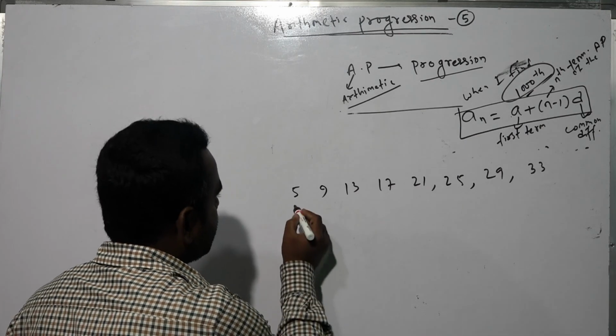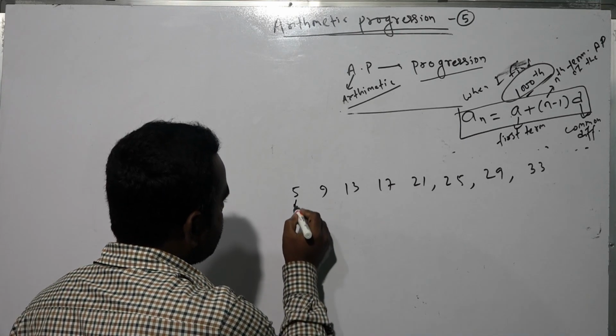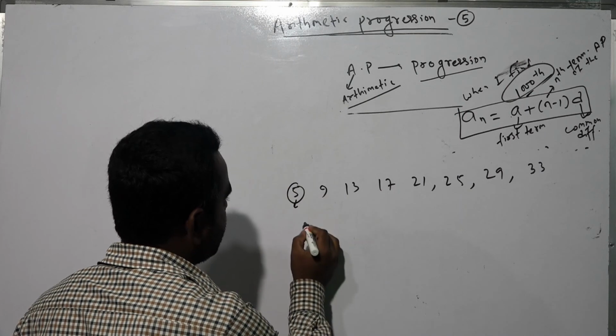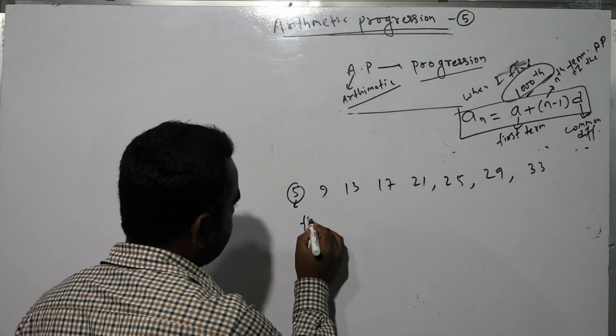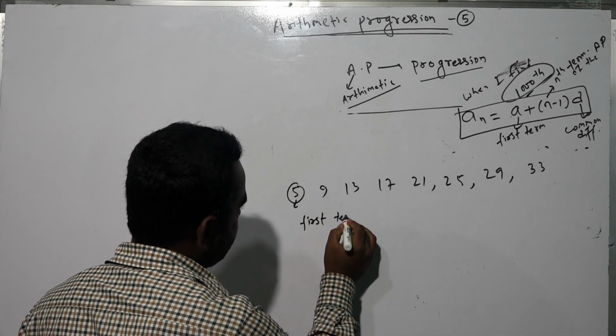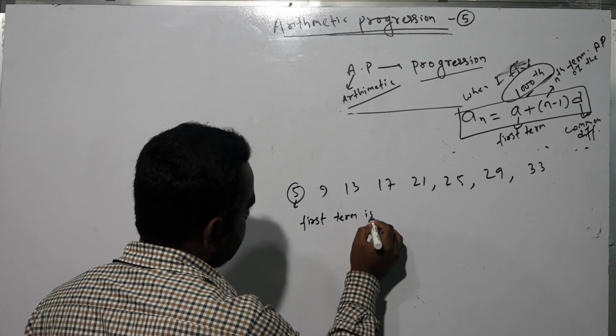Here we see that a is 5, that is the first term.